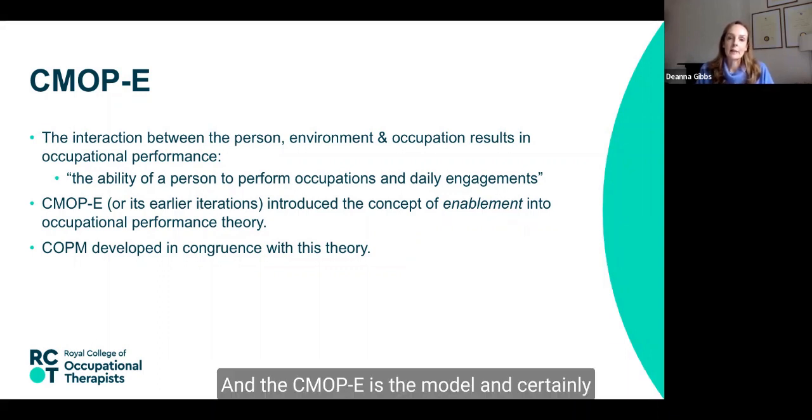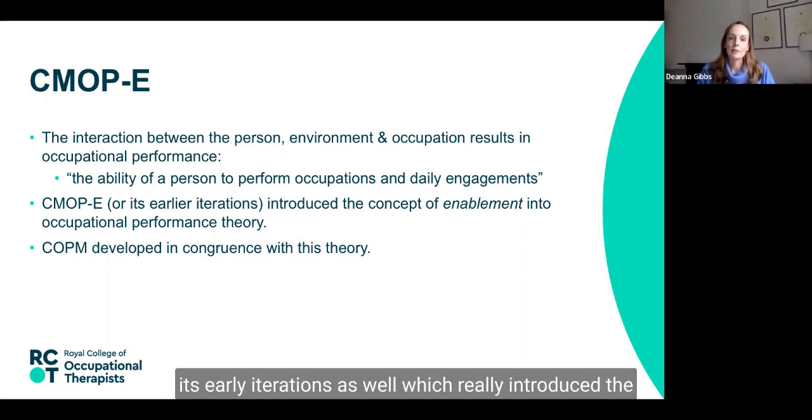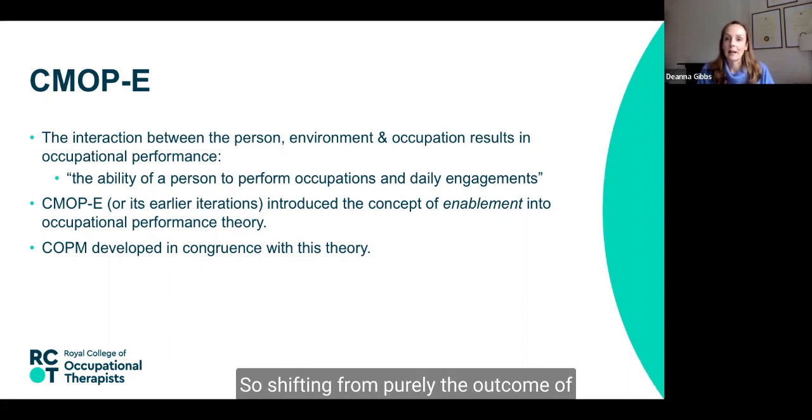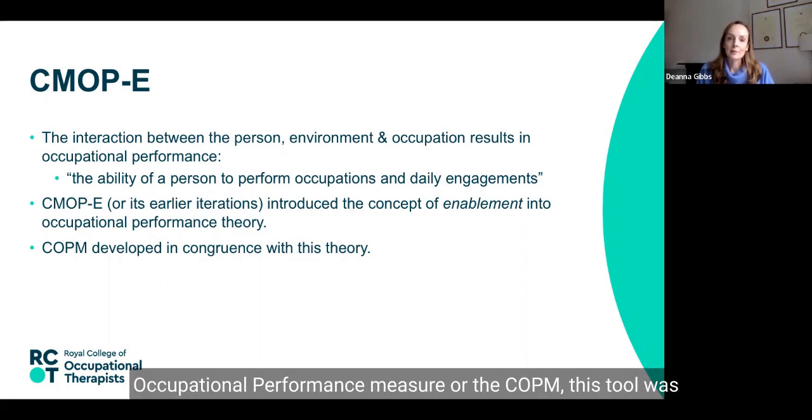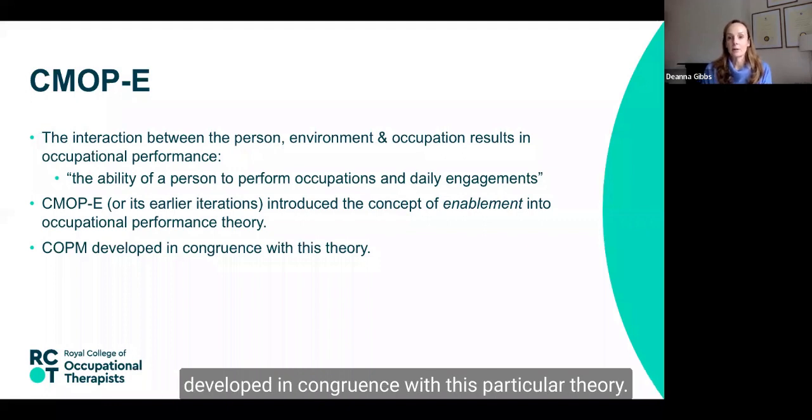And the CMOPE is the model, and certainly its earlier iterations as well, which really introduced the concept of enablement into occupational performance theory. So shifting from purely the outcome of the performance to the process of enabling. And for those of you who use the Canadian Occupational Performance Measure, or the COPM, this tool was developed in congruence with this particular theory.